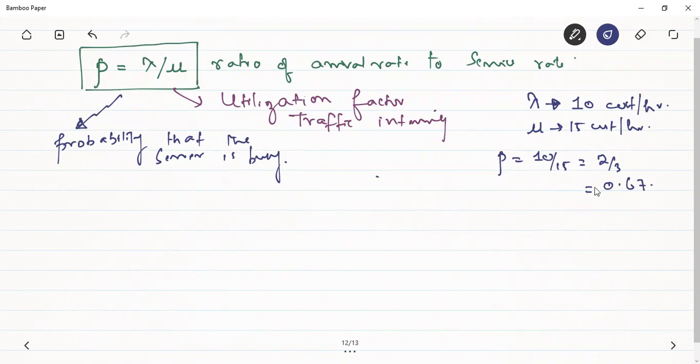So it's quite clear that if in 1 hour 10 customers are arriving but the service rate is higher, see here the service rate is greater, isn't it?